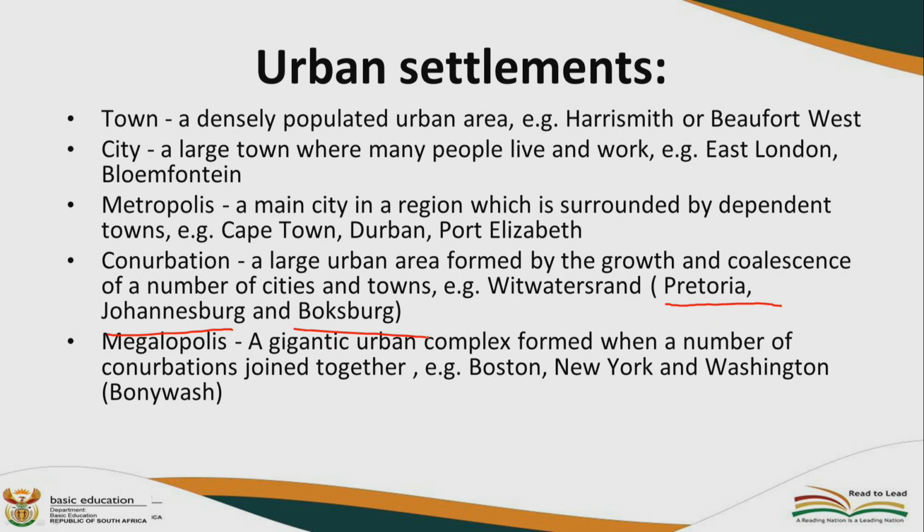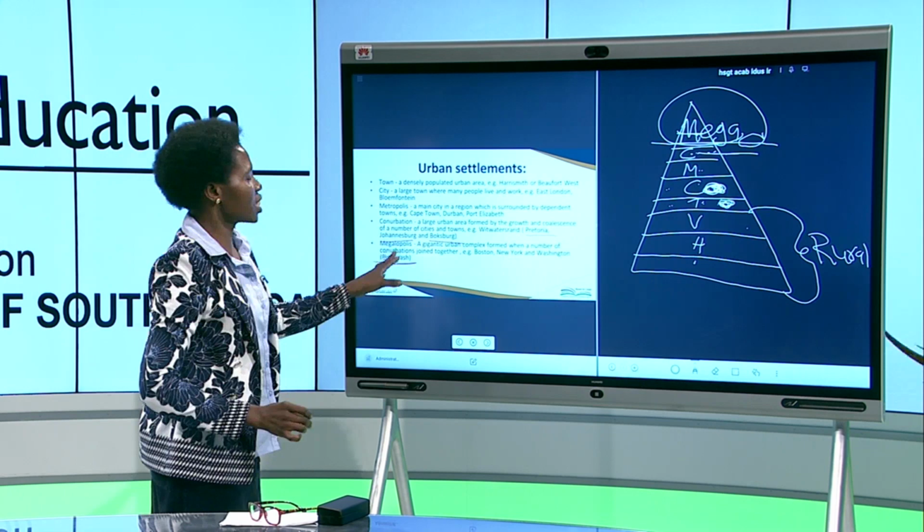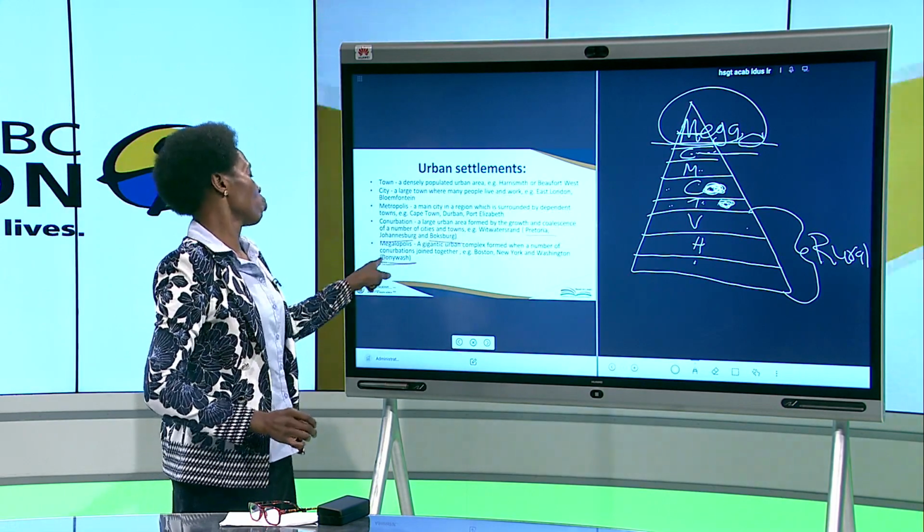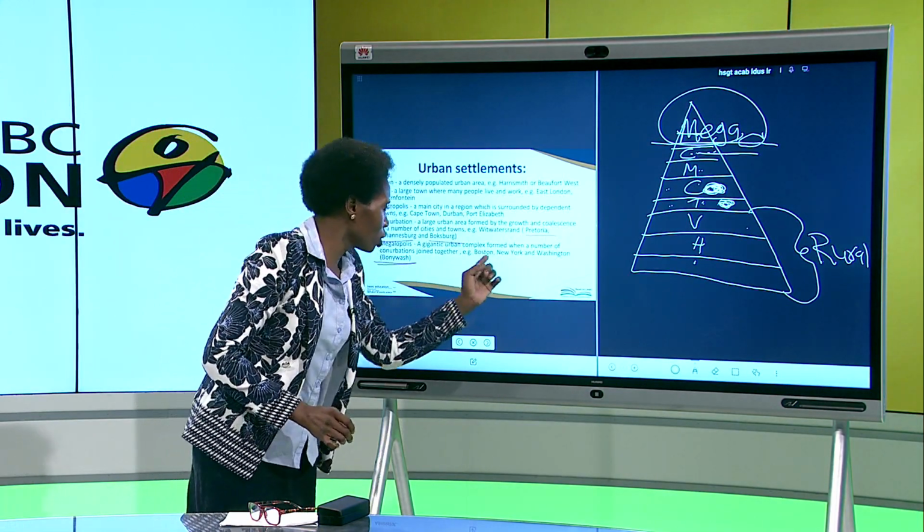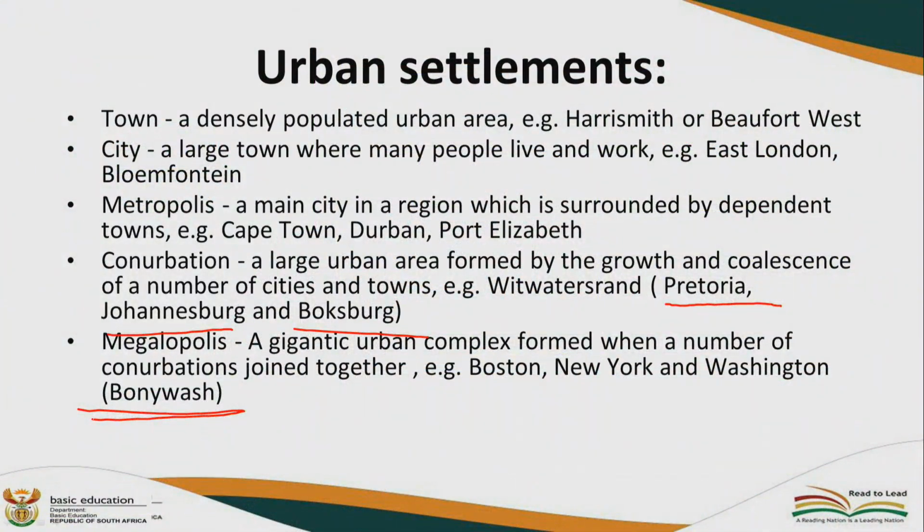That's where we get megalopolis. And we have an example that we find in the United States where we have Boston, New York, and Washington. The acronym abbreviating that is BONIWASH, which is Boston, New York, and Washington.